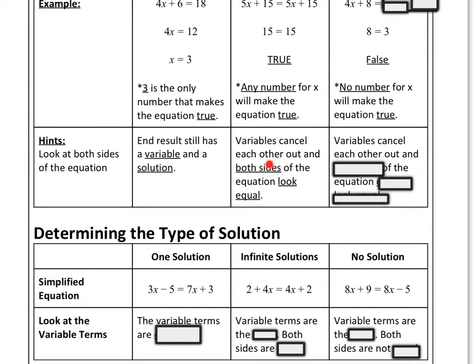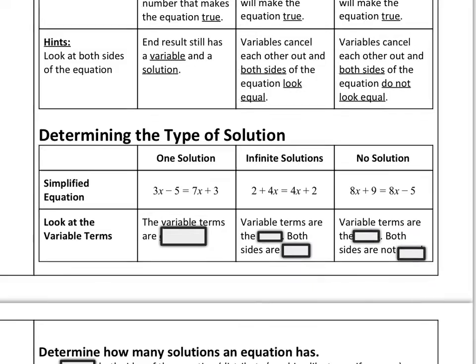That's infinitely many. For no solution, variables cancel each other out, and both sides of the equation do not look equal, just like we had this 8 equals 3. Variables seem the same, but have numbers that do not match one another.